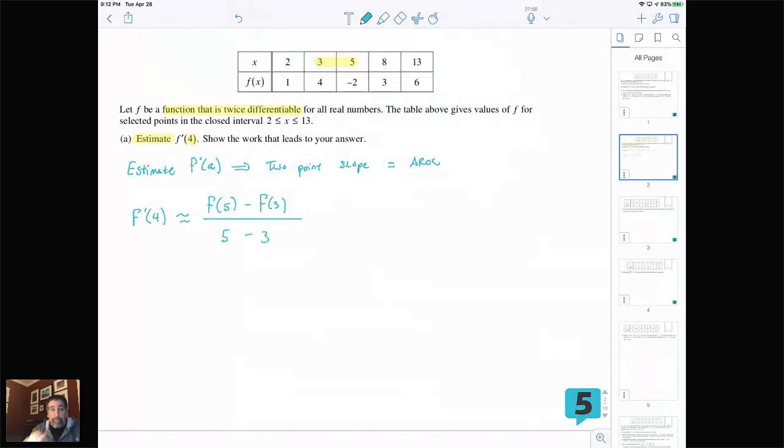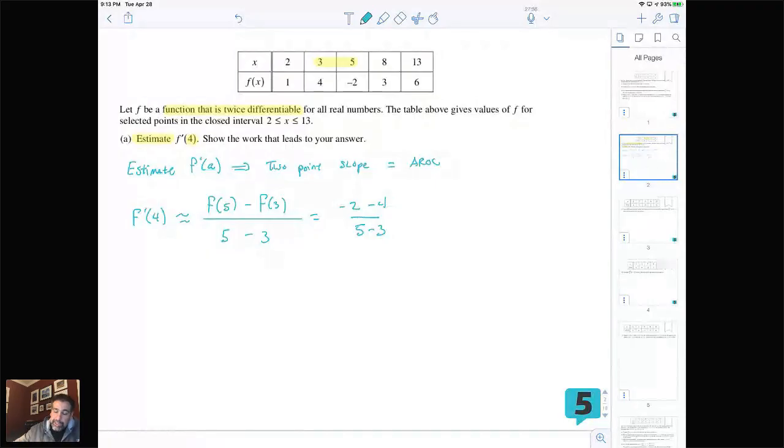This by itself would not earn any points because you've actually got to apply it and use the table to earn the points. So from here, finding f of 5, you're going to get -2. Finding f of 3, you're going to get 4. And then you're over 5 minus 3. Again, I've been telling you guys this since we started working together. Don't simplify your answers. You don't need to simplify your answers. You can't get any more credit if you simplify your answers.